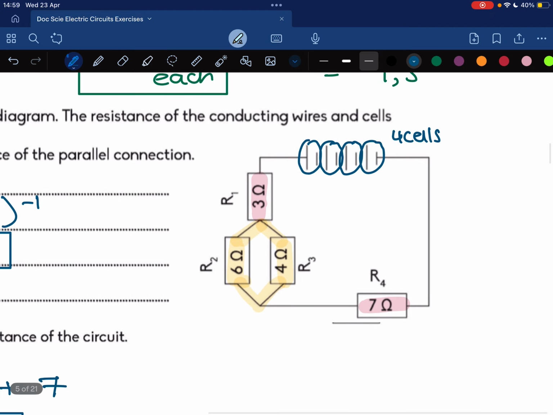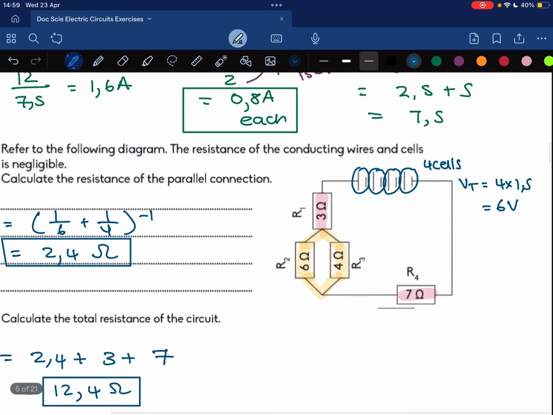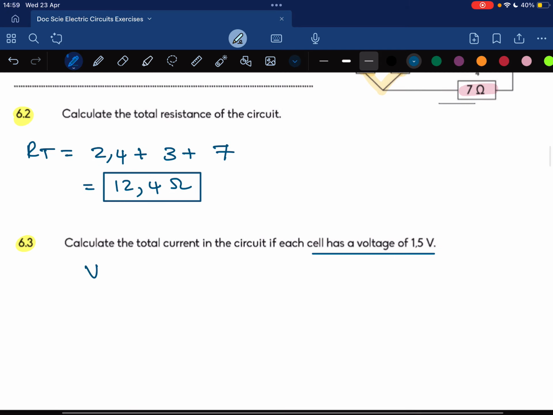So 4 cells, the total voltage is going to be equal to 4 times 1.5, which is 6 volts. Okay, so I know that the total voltage, V total, will be equal to 4 times 1.5, which is 6 volts.